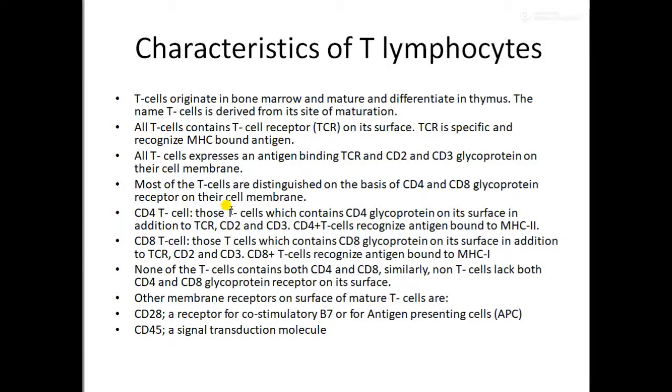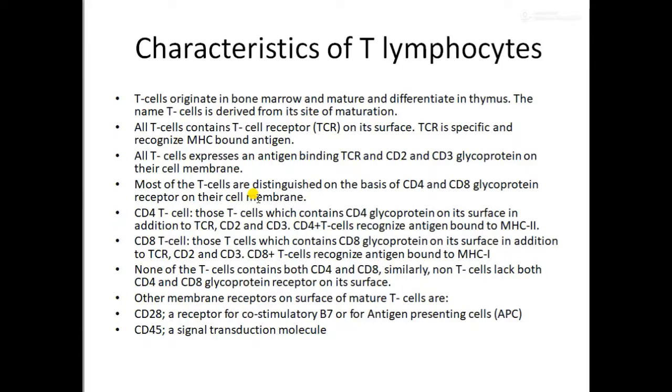And based upon this, these functions contribute towards the T cell receptor complexes. As I told you, it is formed in the bone marrow and matures in the thymus. The T cell receptor is specific, and it will recognize the MHC bound antigens.